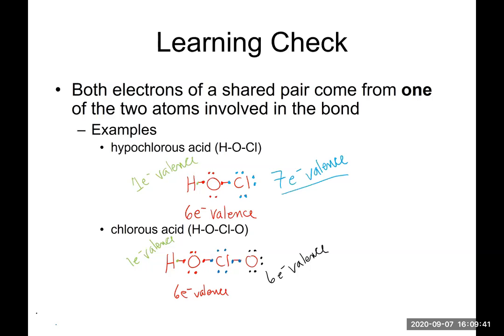That makes that bond right there different than all of the other bonds because both electrons in that bond were donated by chlorine. In other words, the oxygen on the end did not donate an electron to that bond. Both were donated by 1 of the 2 atoms in the bonding interaction, and that makes that bond a coordinate covalent bond.